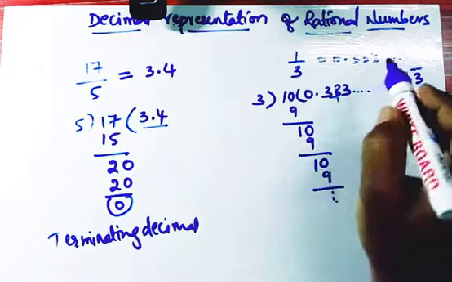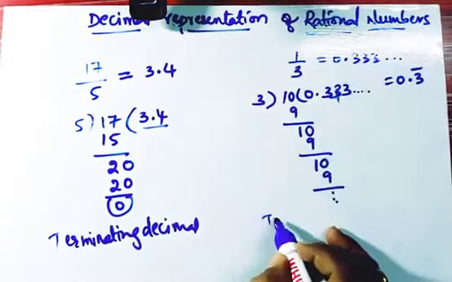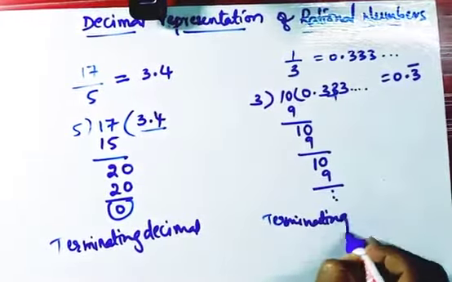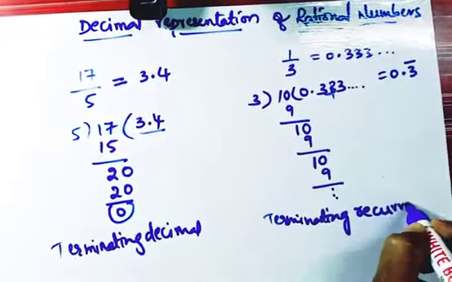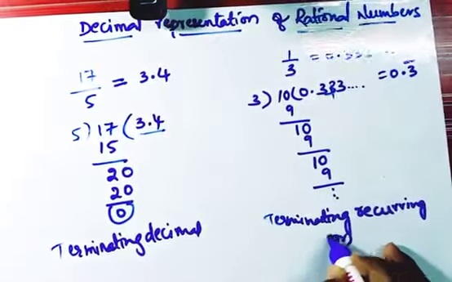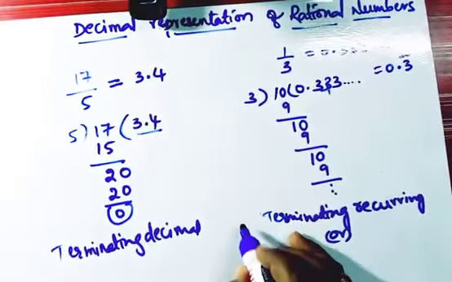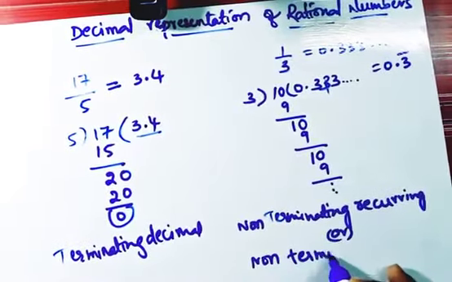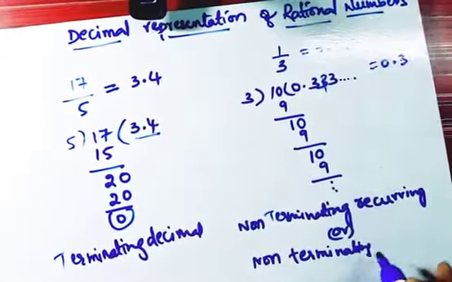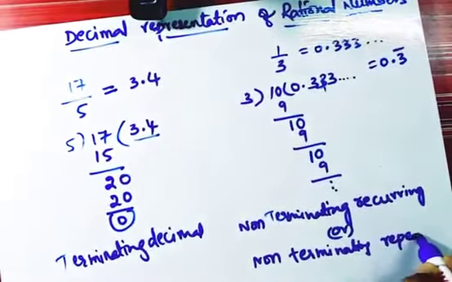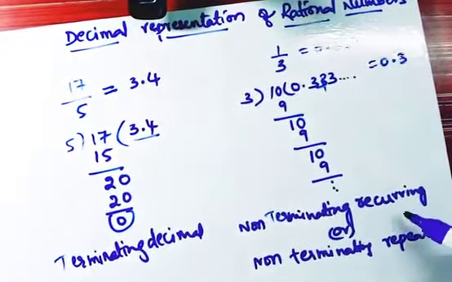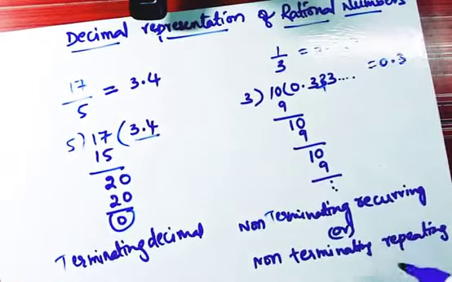So this number is called a non-terminating recurring decimal, or we also call it a non-terminating repeating decimal. There is no end for this answer.